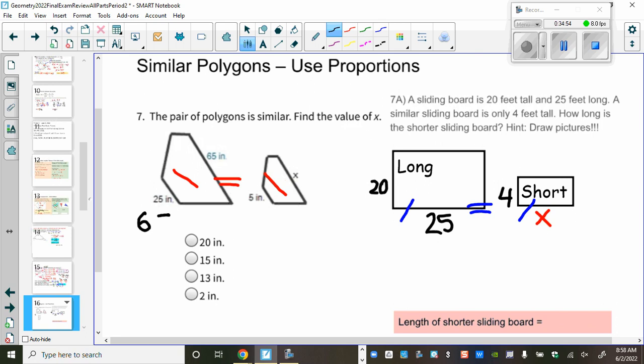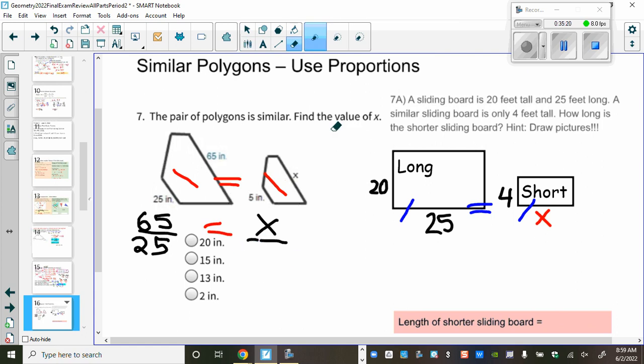So, whenever you have a proportion, here's the setup for this problem. And you're going to have a similar setup for your other problem.